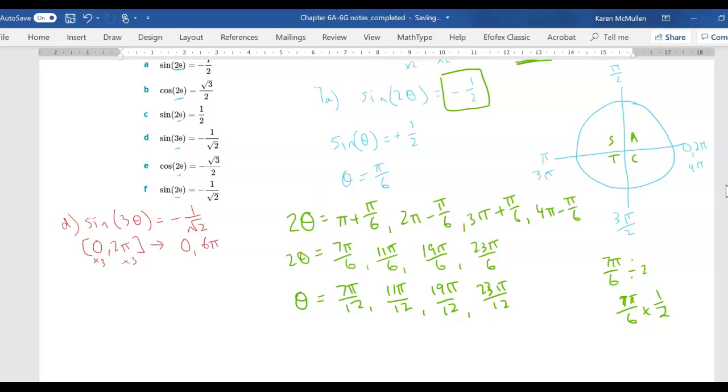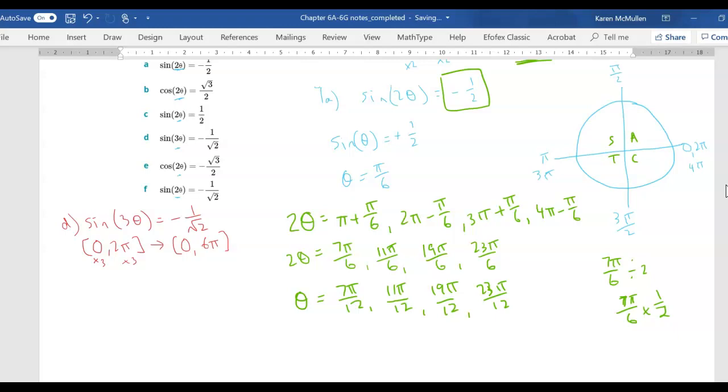So effectively, we're now going around the circle 3 times. Every time we go around the circle, we're having 2 solutions. So you should know that if you're going around 3 times, you're going to have 6 solutions. If you go around 2 times, you're going to have 4 solutions.